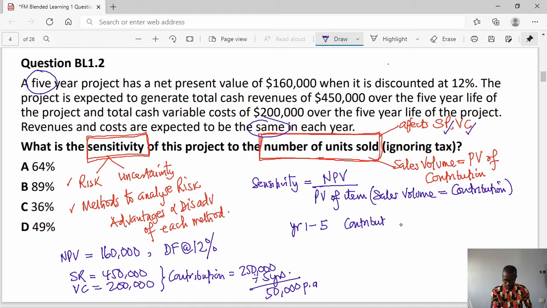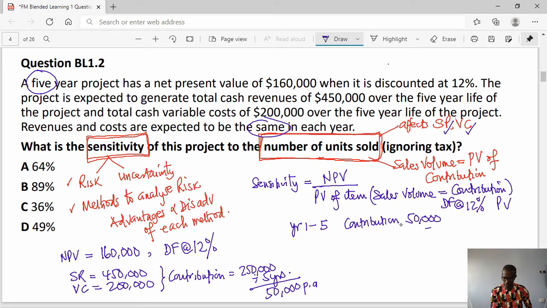The contribution is 50,000. The discount factor is 12%, and you want the present value, because the formula says present value of the item, so present value of contribution.